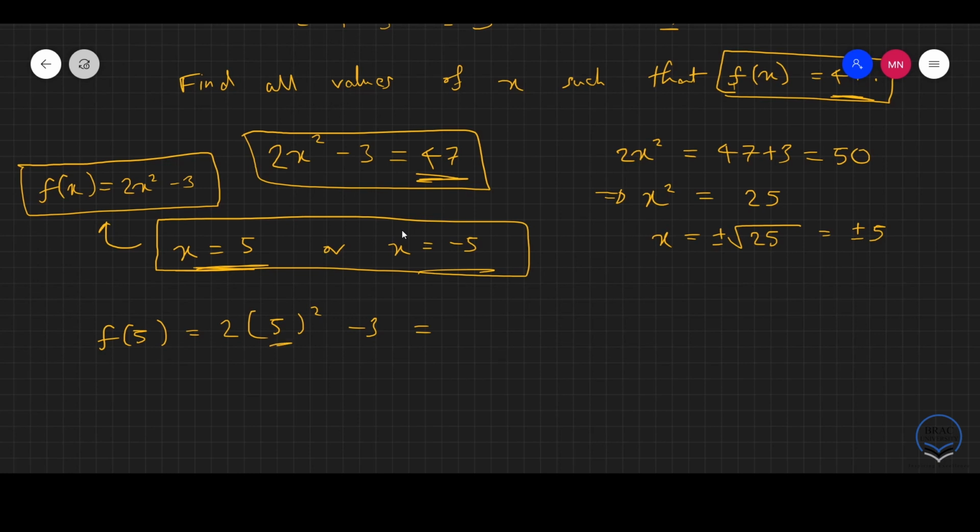So we have 25 times 2, which is 50, minus 3, which is 47. And similarly, if we do the same thing for f of minus 5, then we see that we get the exact same answer. So our values of x are correct.